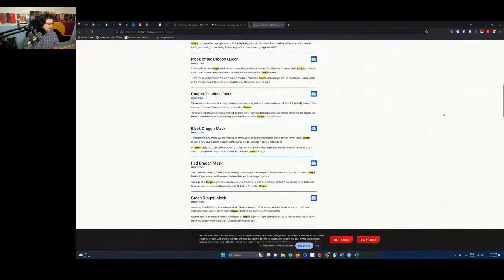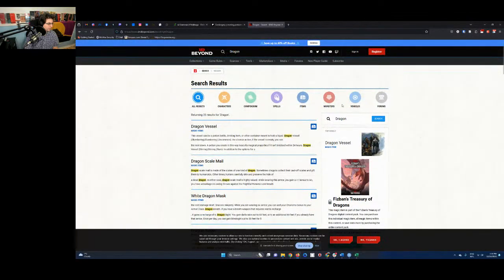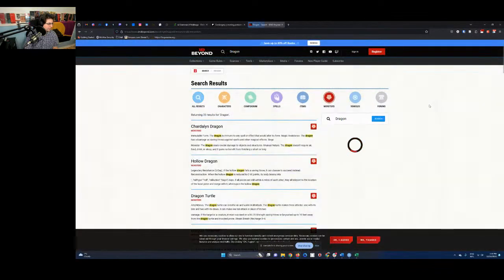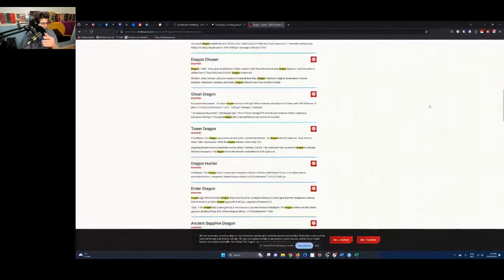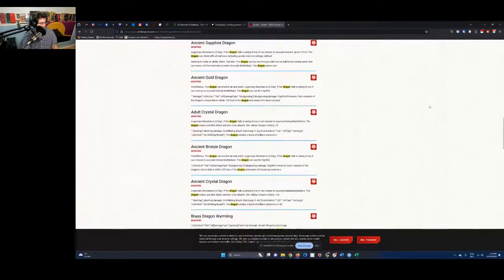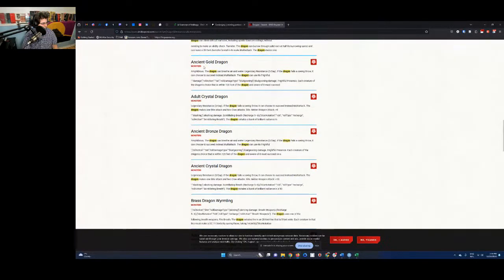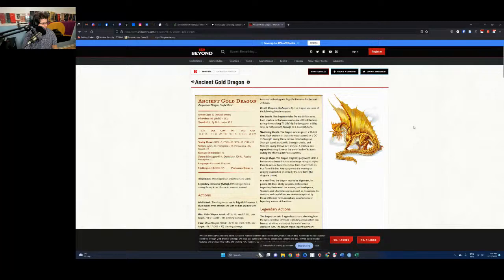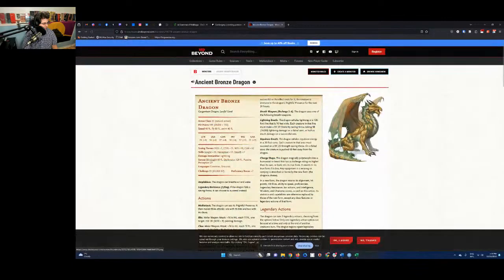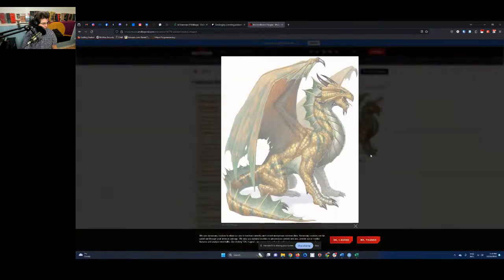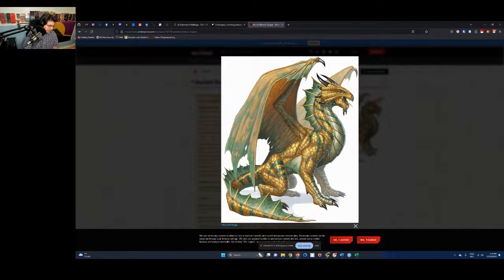And let's restrict it to monsters. And we need to go look at one of the basic dragons. So let's see. Ancient gold dragon. Is there a picture? Okay. You can't see the claws there. You can't see the talons clearly there. I think the ancient bronze dragon. If you look there, and can I zoom in on that?